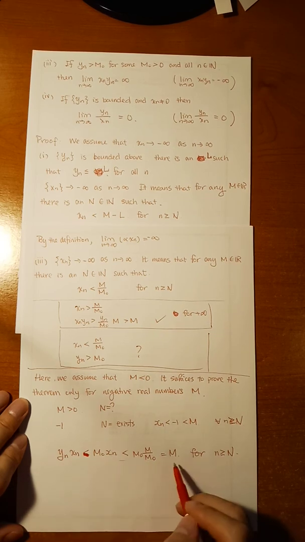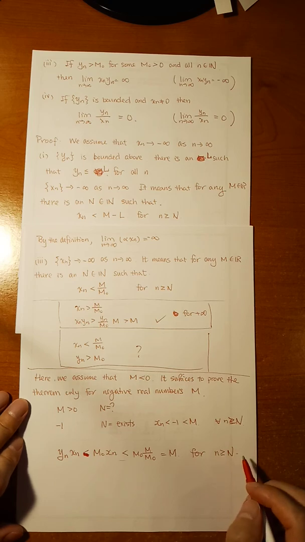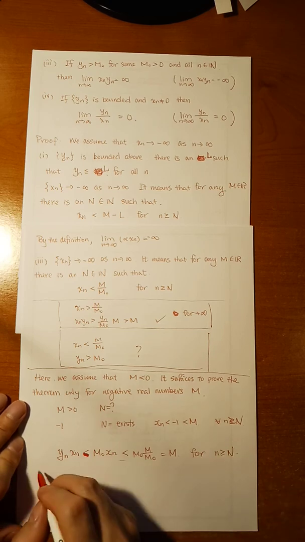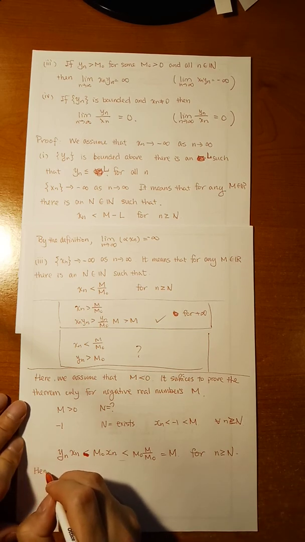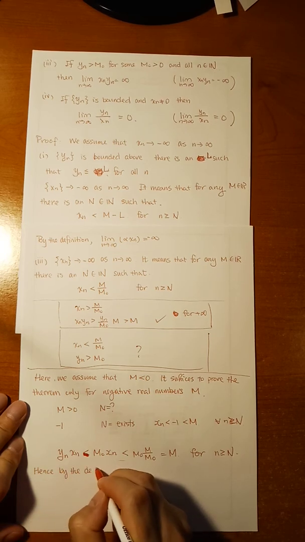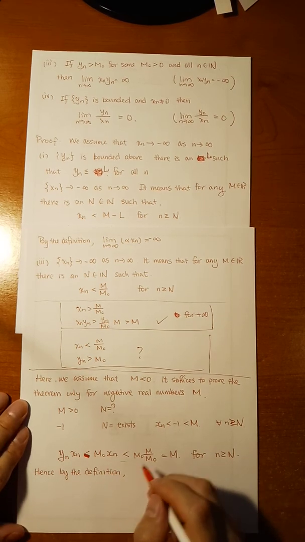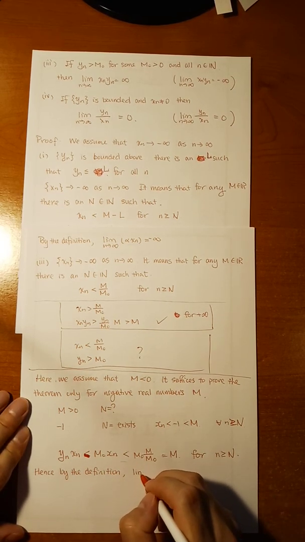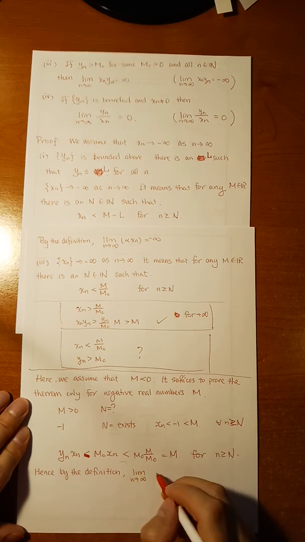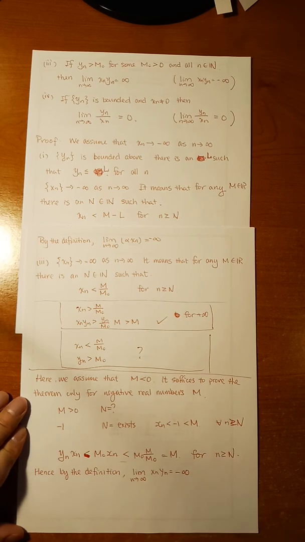So xn yn will be less than m if n is greater than capital N. Hence by the definition, the limit as n approaches infinity of xn yn is negative infinity.